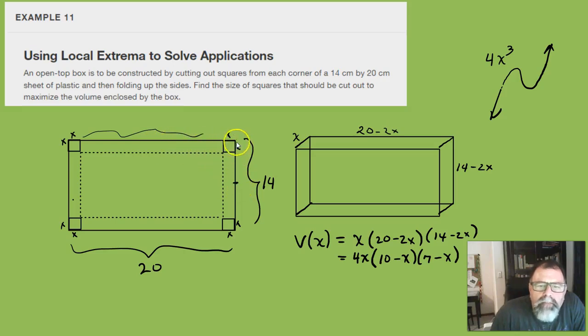So if this was 7 here and 7 here, x has to be between 0 and 7. So I'm going to zoom in on my x and make it go from 0 to 7. Maybe the graph goes here and I'll have a local minimum, but for the problem that will be the maximum value because x has to be between 0 and 7 for the parameters of this problem.